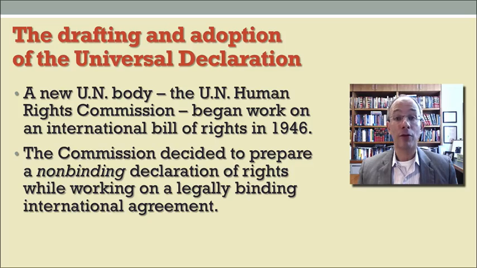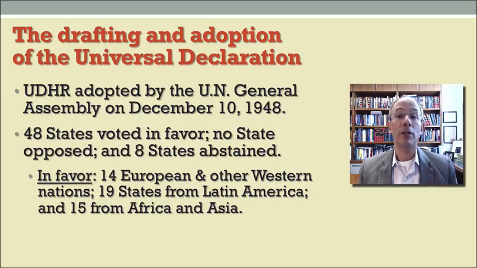So the drafters of the declaration, the members of the Commission from different legal systems around the world, put together the document that became the UDHR and submitted it to the General Assembly in 1948. And the General Assembly adopted it without any dissenting votes, by a vote of 48 in favor and 8 abstaining states. But what is striking is that countries from all regions of the world supported the declaration.